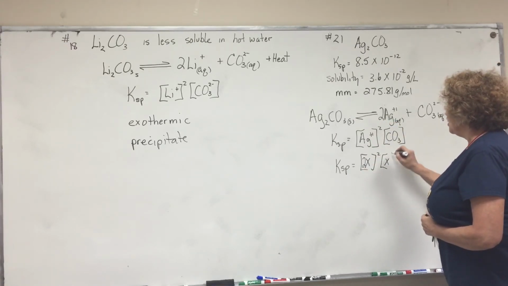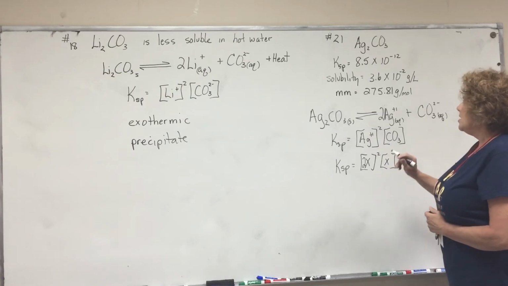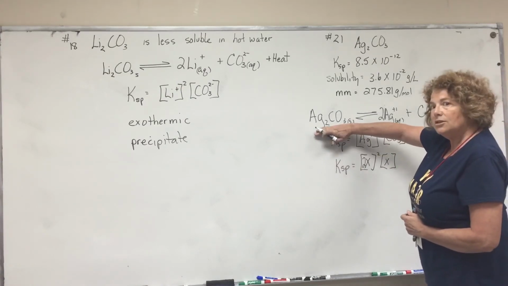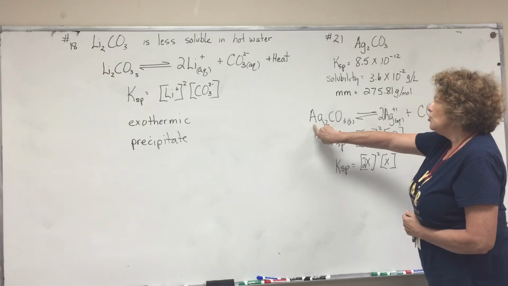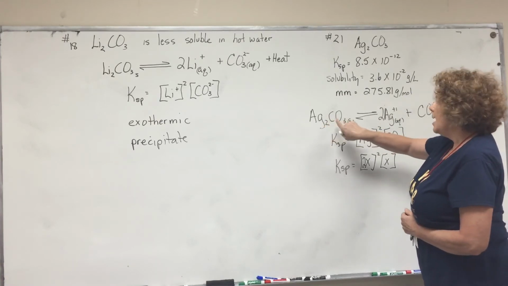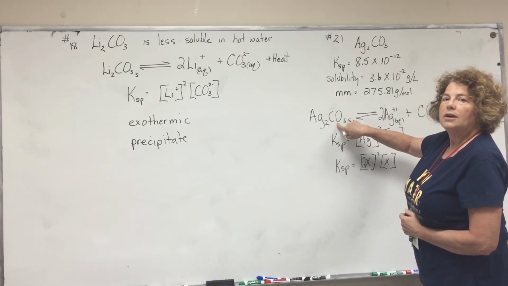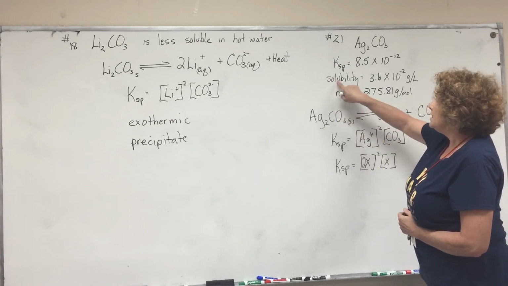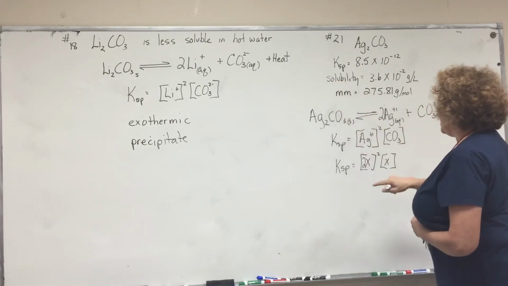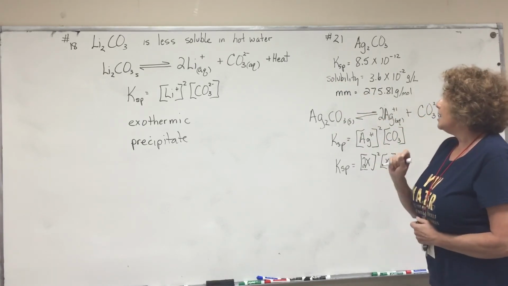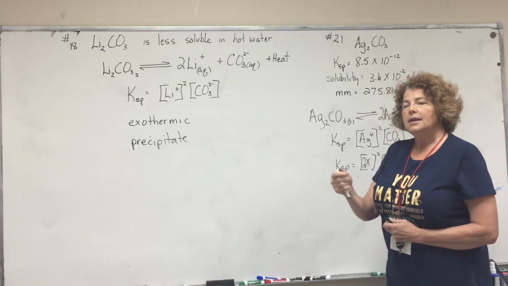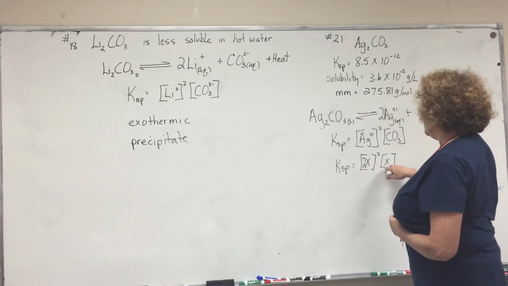And then this will just be plain old X, because 1 mole of silver carbonate contains 2 moles of silver ions and 1 mole of carbonate ions. So the solubility, which is the X, is what you would put in for X.